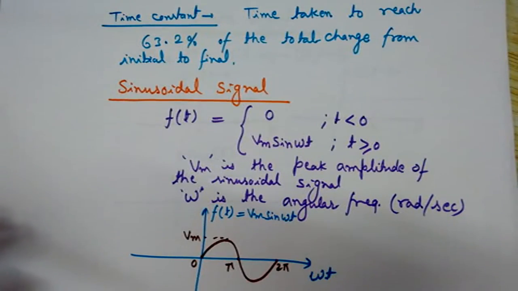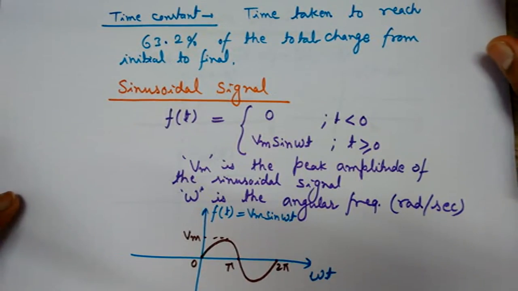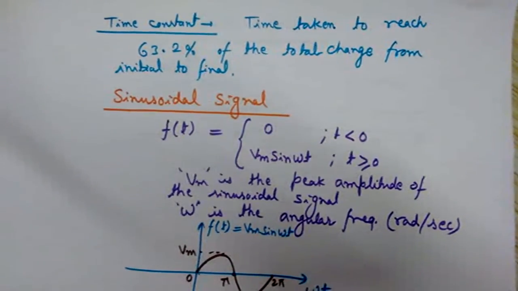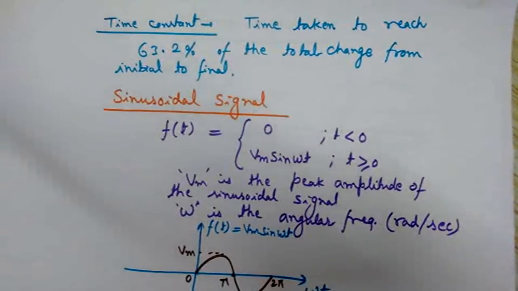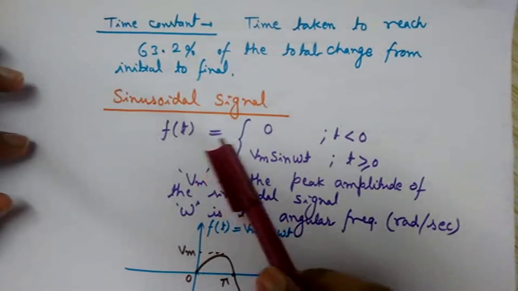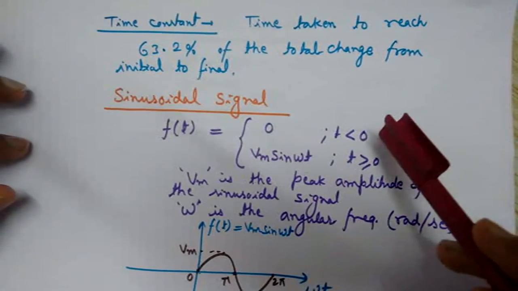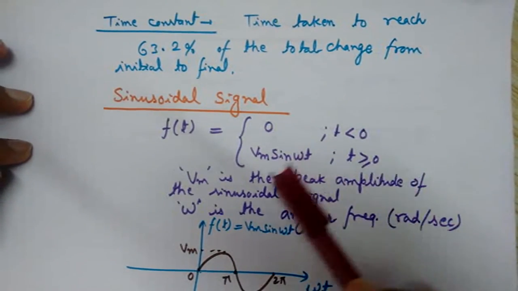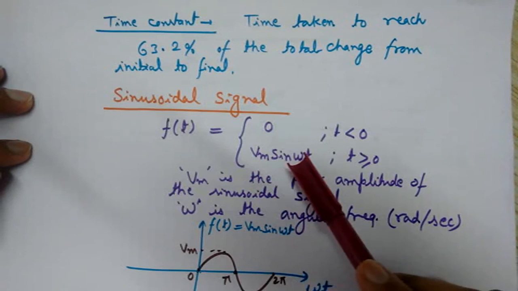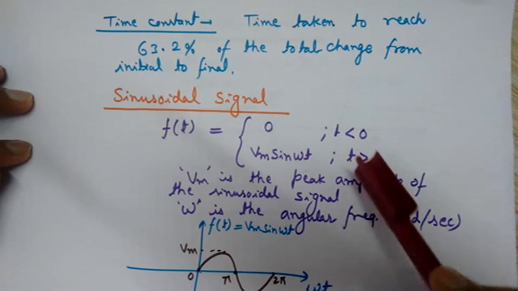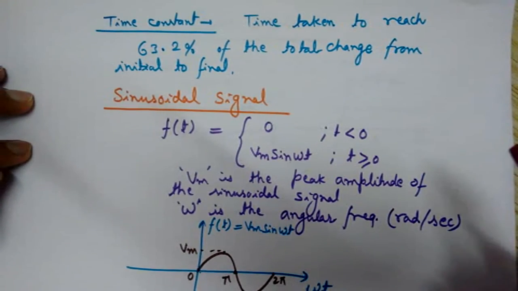So this was the exponential signal. Now let's come to another important signal known as the sinusoidal signal. The sinusoidal signal is defined as f of t equals 0 for t less than 0, and it equals Vm sine omega t for t greater than or equal to 0.